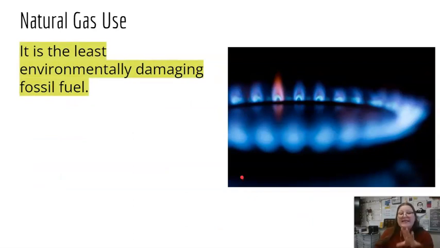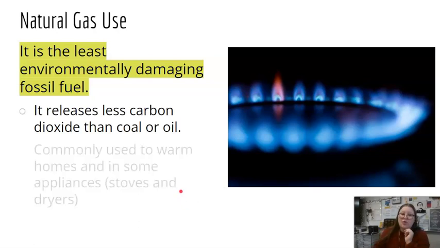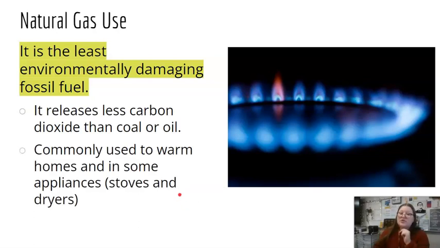Natural gas is the least environmentally damaging fossil fuel. That does not mean that it is perfect. That does not mean it is not damaging, but out of coal, oil, and natural gas, it is the cleanest. It releases less carbon dioxide than coal or oil, and it's commonly used to warm homes and in some appliances, stoves and dryers. So if you have a stove at home that is fire like that and it's not electric, that's natural gas.